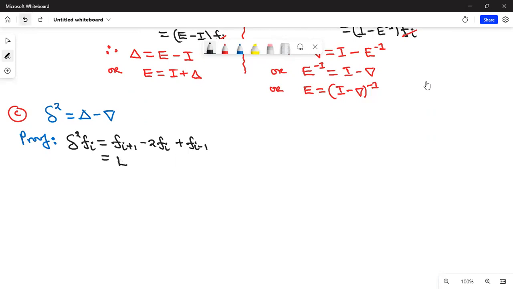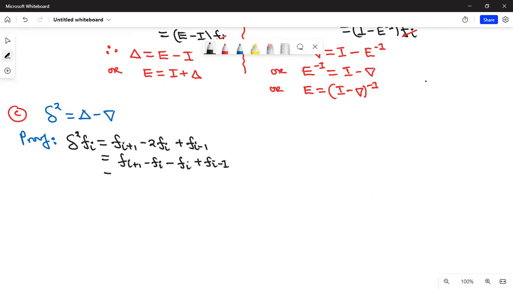So you see, this can as well be written as Fi plus 1 minus Fi, then minus another Fi plus Fi minus 1.